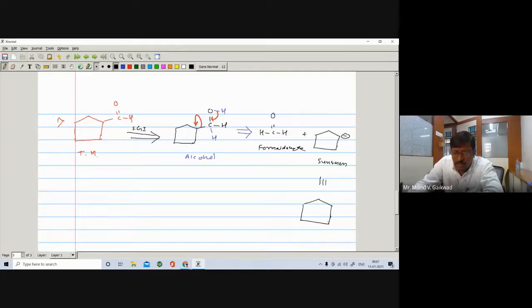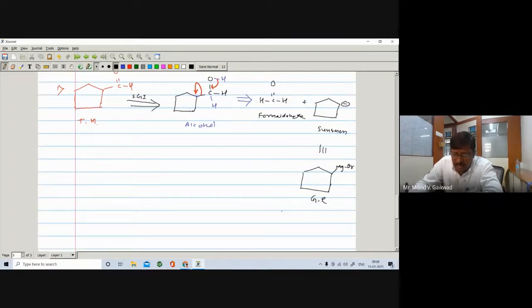Just suppose you consider this your R. So you have to write down Mg and Br. It is your Grignard reagent. It is also called a synthetic equivalent. So this is your retrosynthesis.